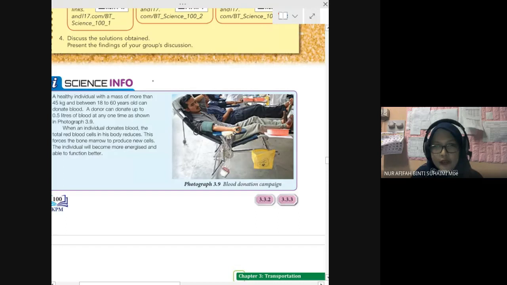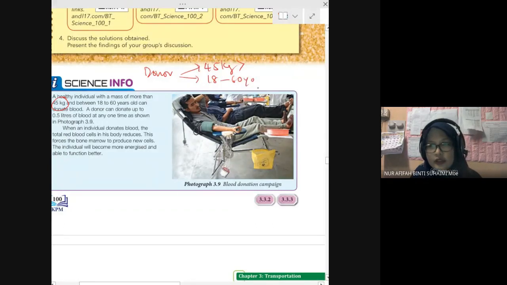Okay. The one who can donate must have a weight or mass of more than 45 kilograms. The donor must be 45 kilograms and above. Okay, and then age must be between 18 to 60 years old.